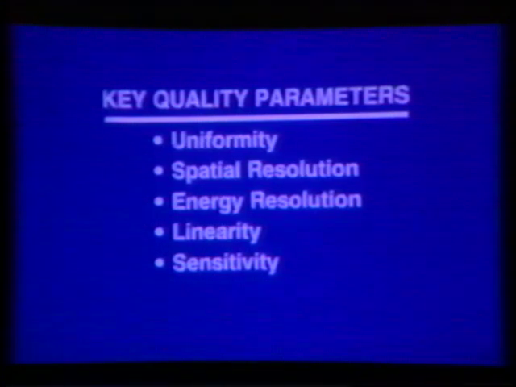Energy resolution, the ability to accurately determine the energy of the incoming photon. Linearity, the ability to reproduce bars without distortion. And sensitivity, the ability to accurately detect the specified amount of incoming events, or photons, per unit of radioactivity.